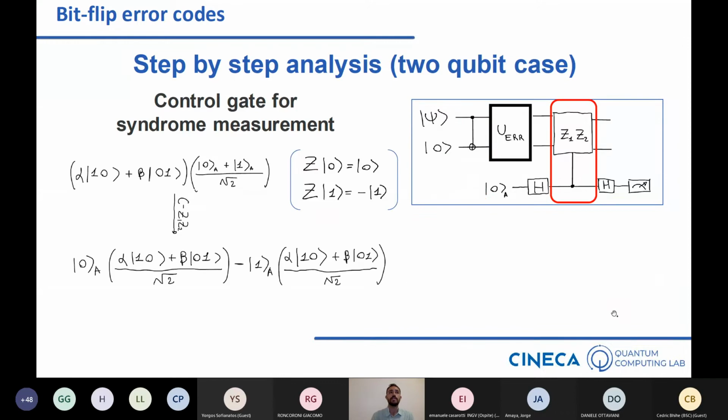Then what you are going to do is apply a control zeta1, zeta2 operator. In this case, we say that the syndrome measurement is associated with the operator zeta1, zeta2.